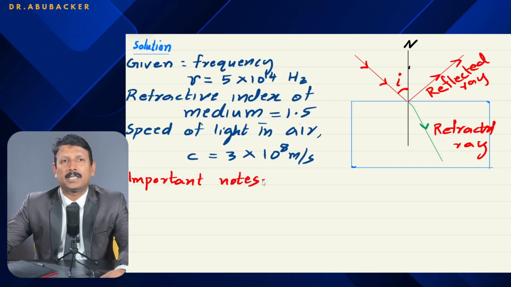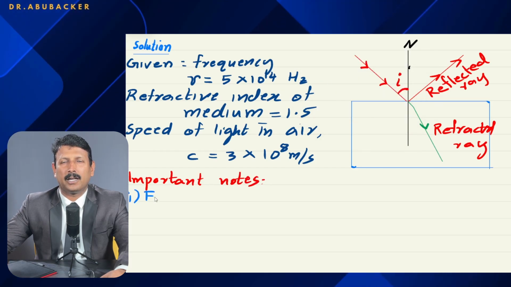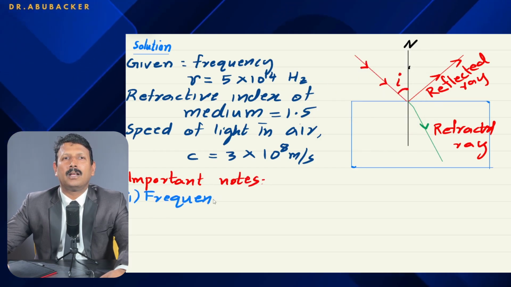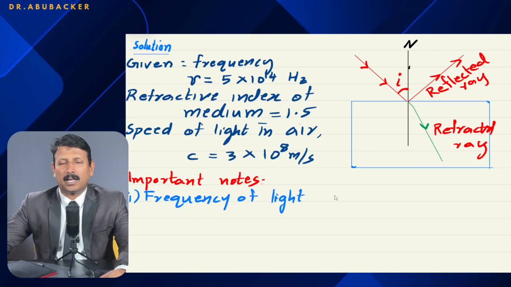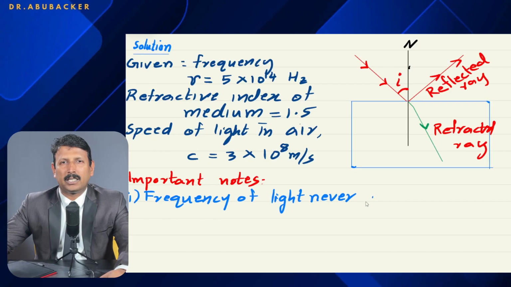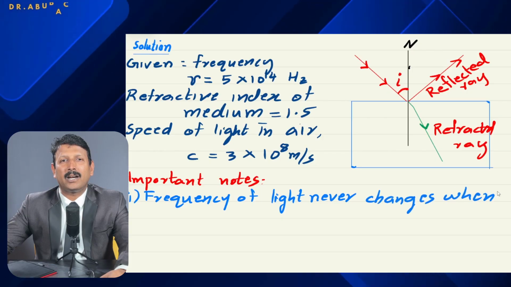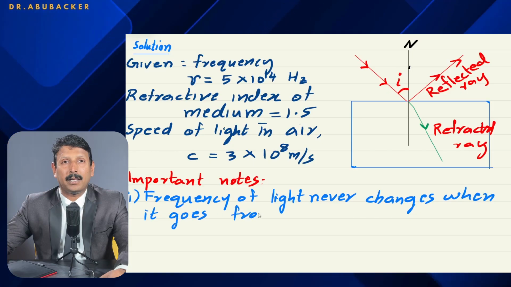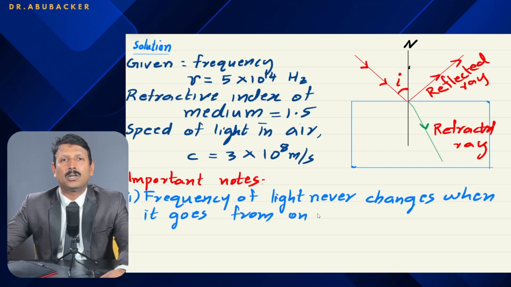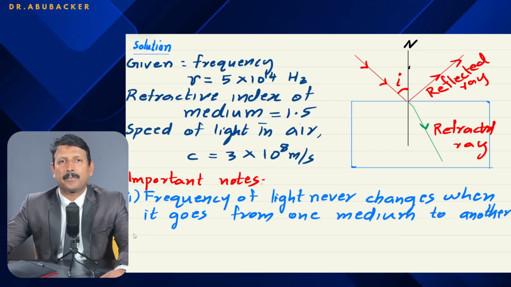Before that, let me share some important notes related to this. Out of the three quantities, velocity, wavelength and frequency of a wave, one quantity never changes when a wave travels from medium to medium. So the first point is that the frequency of light never changes when it goes from one medium to another. Remember that.